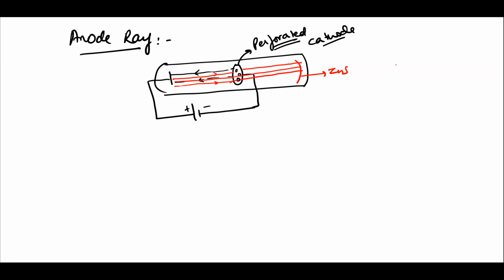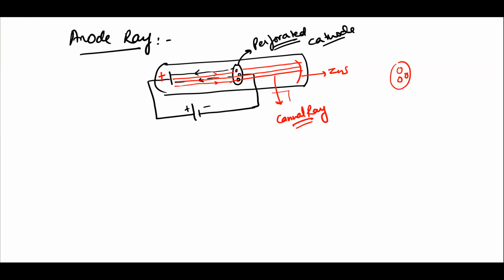Canal means they are coming through a perforated cathode, so they are also called canal rays. When he studied the behavior of these rays, they were moving from the positive terminal to the negative terminal.